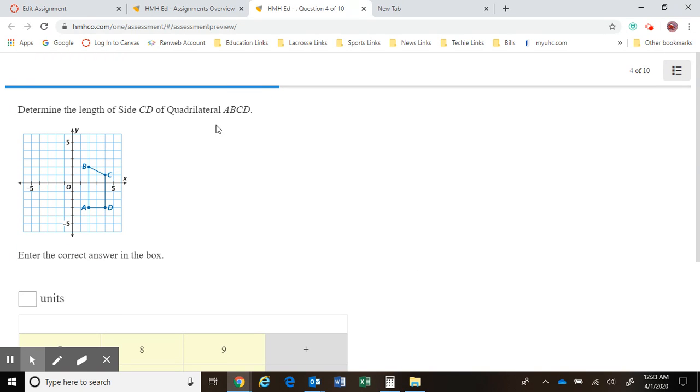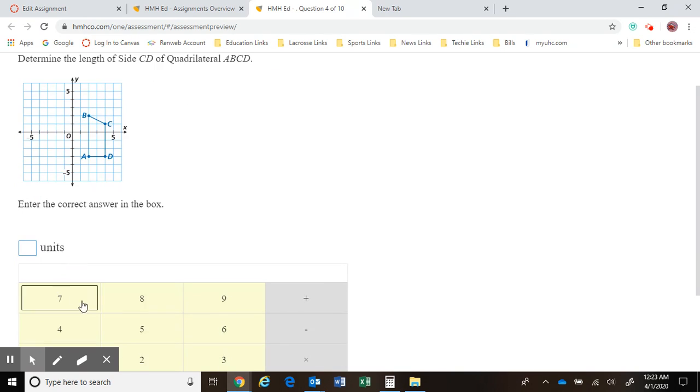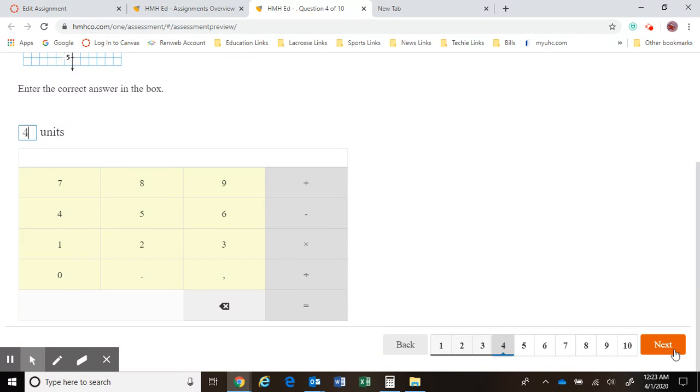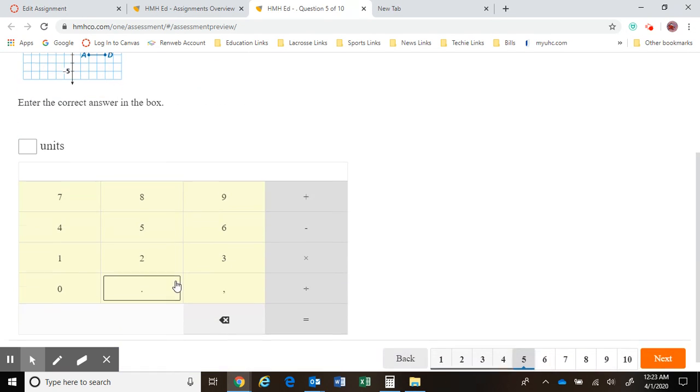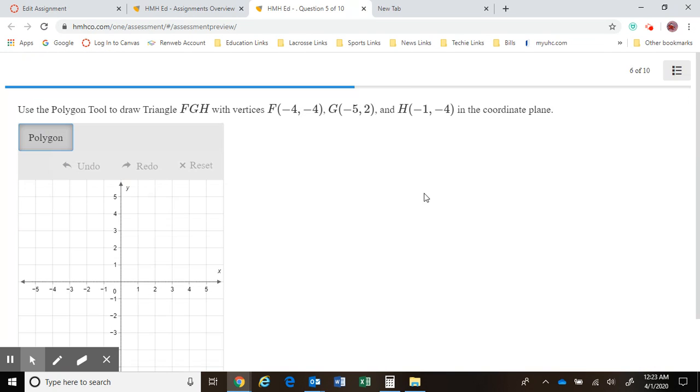Now let's find the side length of CD. 1, 2, 3, 4. All right, let's move on. Now let's find the length of AD. 1, 2. Let's move on.